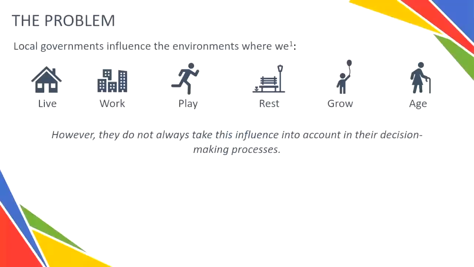Local governments are uniquely situated to support their communities to improved health outcomes because they influence where people live, work, play, rest, grow, and age. However, the problem is that they do not always take this influence into account in their decision-making processes, which can lead to health impacts and missed opportunities for improving health.